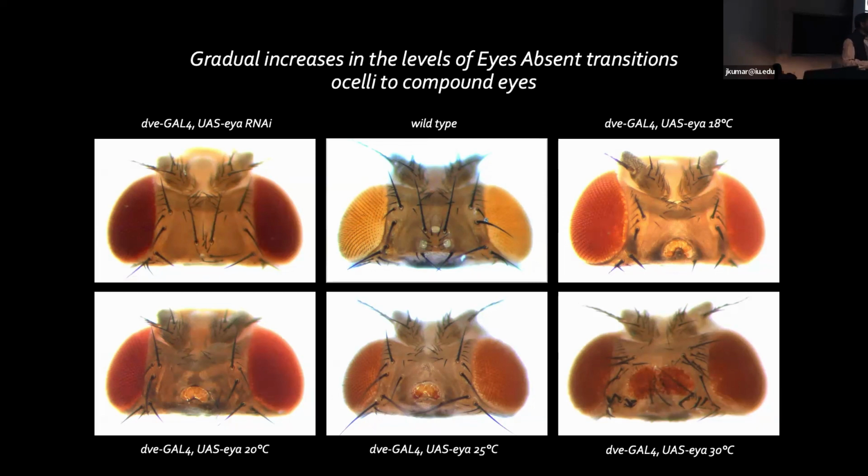So you can grow flies at different temperatures, and you can actually increase the amount of your transgene that you're expressing. So we took advantage of that fact by comparing a loss of function, where we knock out and kill the ocelli, to wild type that doesn't have any transgenes in it. And now on top of the wild type, we add the transgenes and we grow flies at either 18 degrees, 20 degrees, 25, and ultimately 30. And what you can see is an evolution of that transformation.